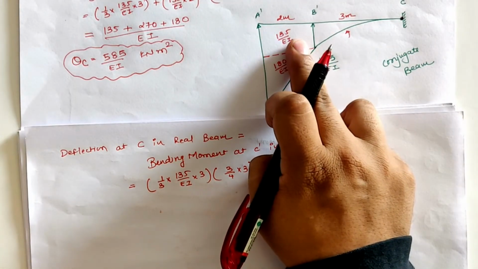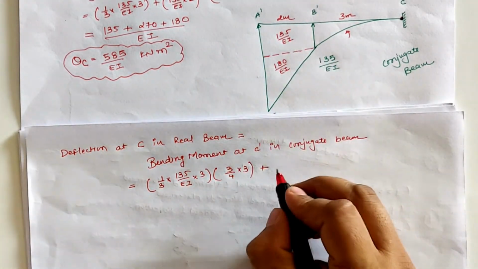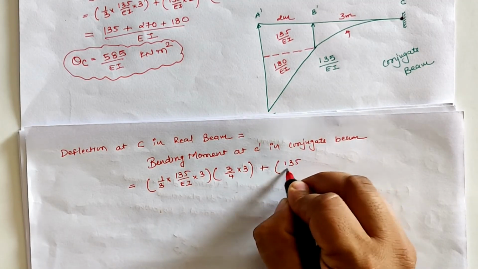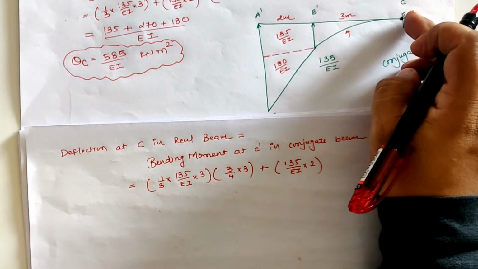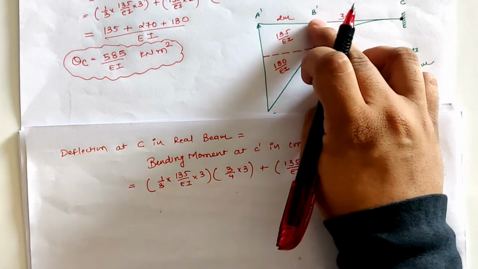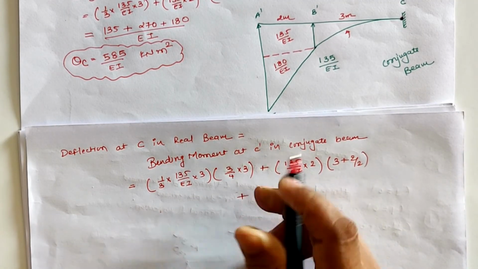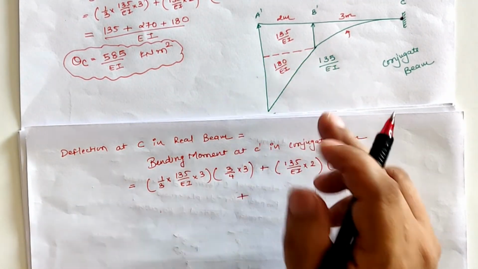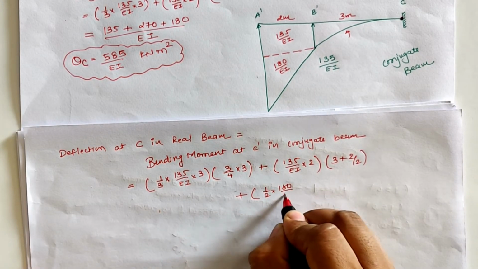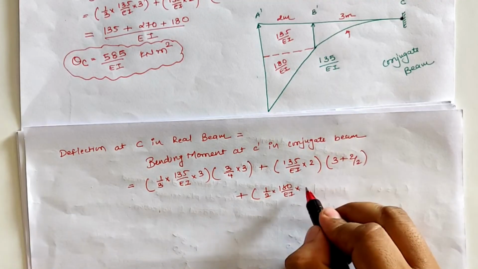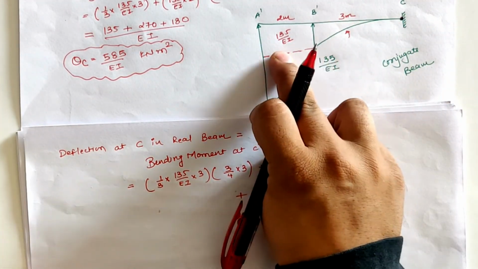Now for the 135 by EI rectangular loading, or we can say the UDL loading, it is 135 by EI into the total distance 2, and the CG distance from C dash, which is 3 plus 2 by 2. And for the UVL of 180 by EI, it is the total loading 1/2 into 180 by EI into distance 2 meter, and the CG distance from C dash is 3 plus 2/3 of 3.